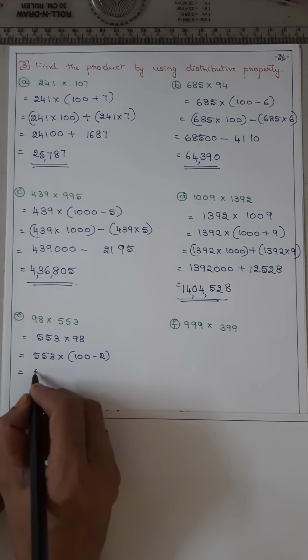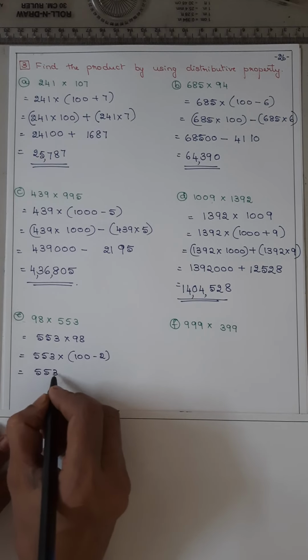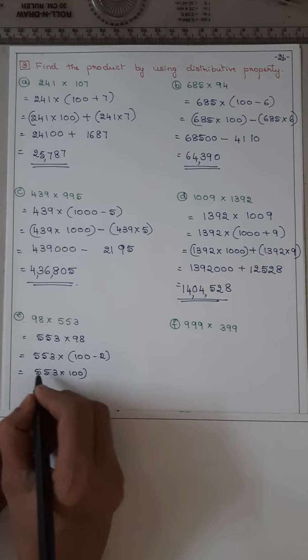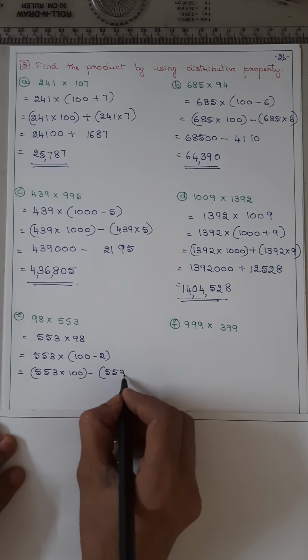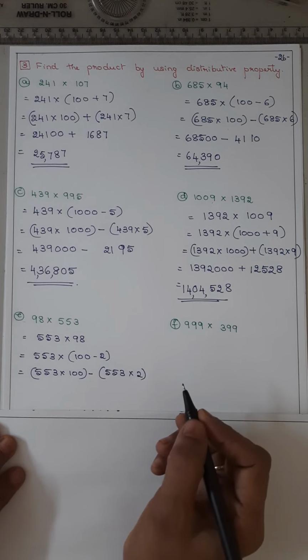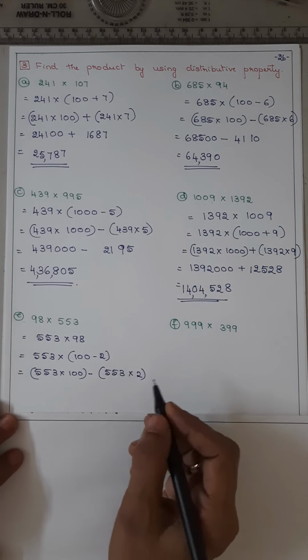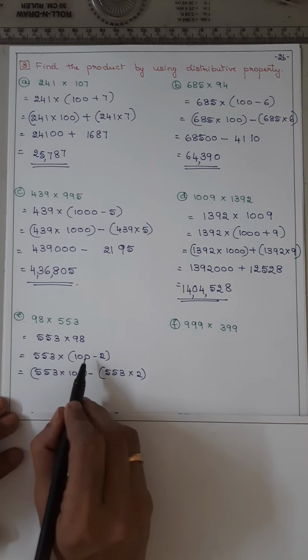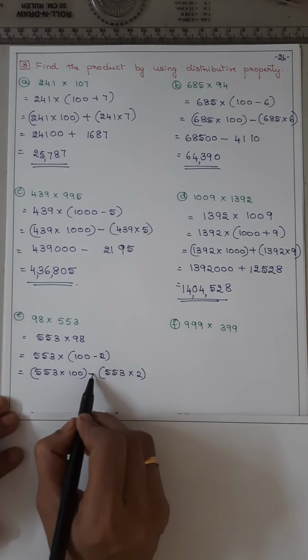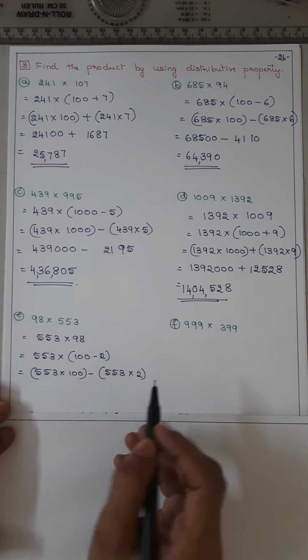So it will become 553 into 100 minus 553 into 2. Hope you are confident of the method now. So 553 into the first number, sign is minus, 553 into 2.